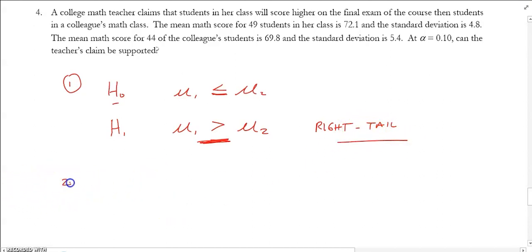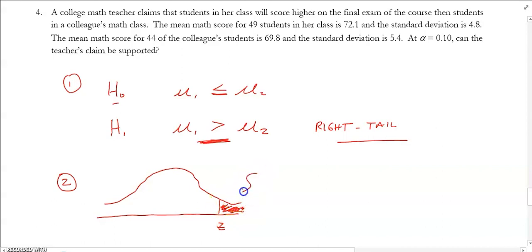So second, let's put together our critical values. And I'm going to draw my curve with the critical value on the right-hand side. Here's the critical region or the rejection region.